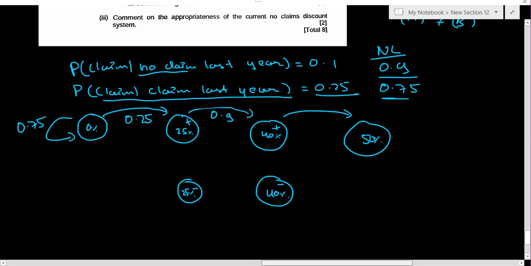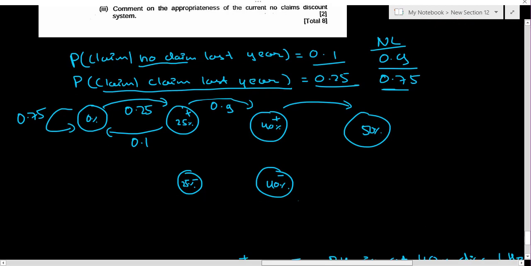That is the probability that you did not make a claim last year and you do not make a claim this year as well, so you move ahead. And the probability of going back to 0 again, because this indicates that you did not make a claim last year, the probability of going down would be 0.1, right, because you did not make a claim last year. So not making a claim becomes 0.1. So 25% plus can be modeled like that.